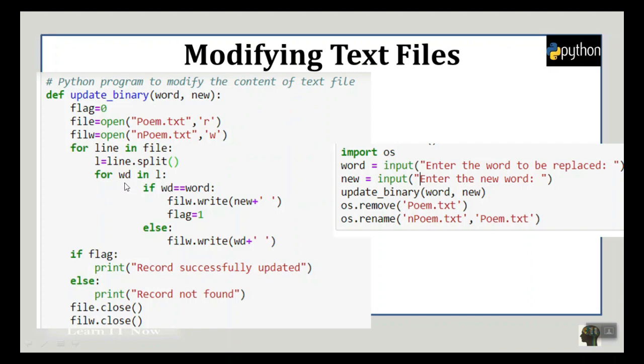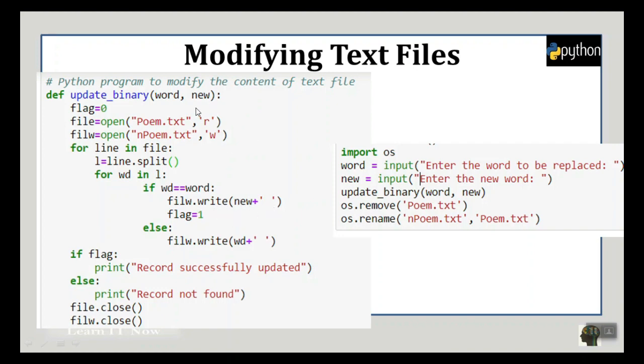Now again a single word will be picked from WD, and then that WD will be compared with the word which we have given. If the WD is "is", then the new content will be written to the new file. And what will be written?